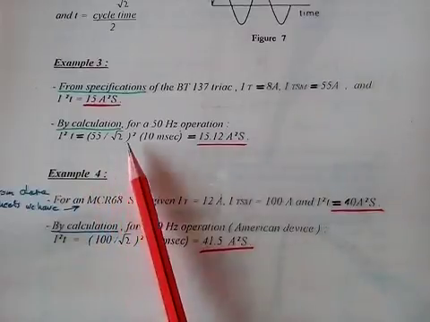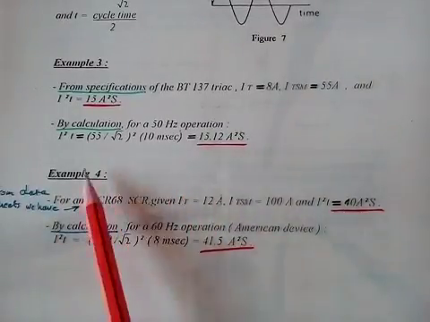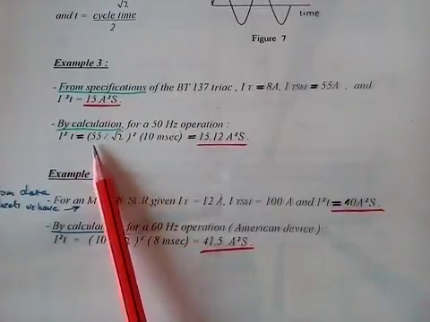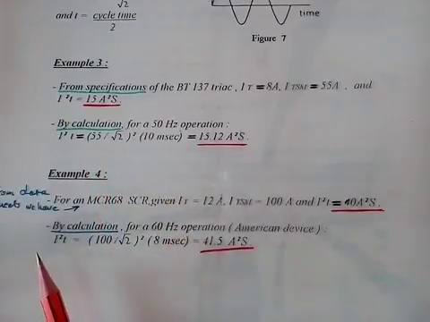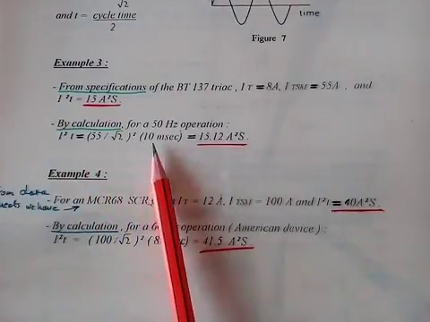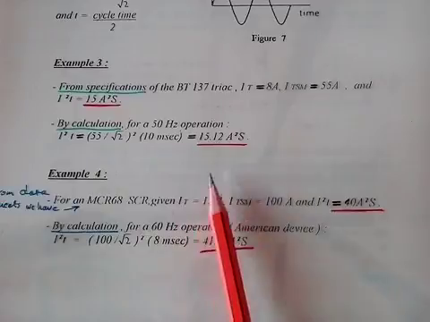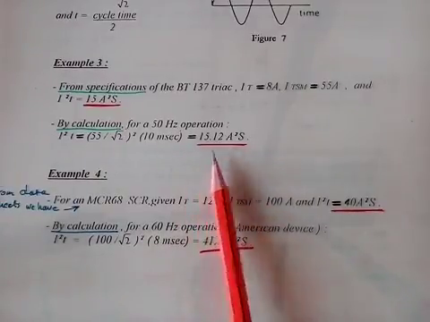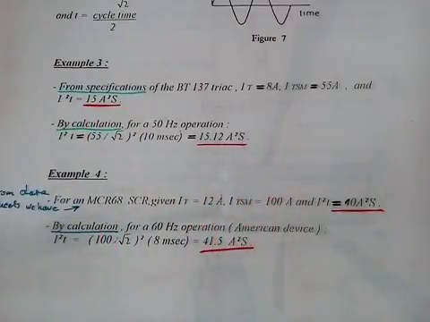By calculation for a 50 Hz operation, we have the 55 amp surge current divided by the root of 2, and squared, that's the RMS value, multiplied by the 10 milliseconds, which is half a cycle for a 50 Hz operation. That gives us 15.12 amps squared second, very close to that given by the data sheet.